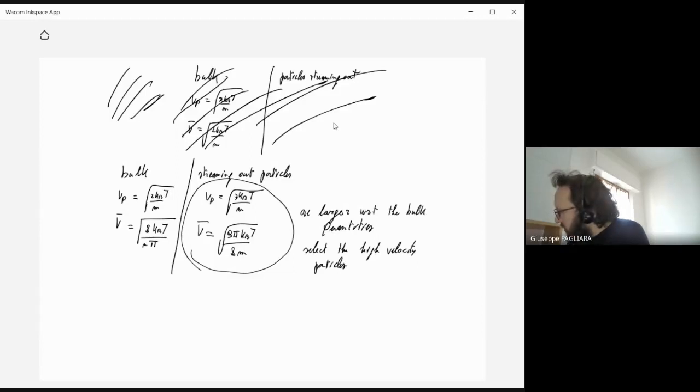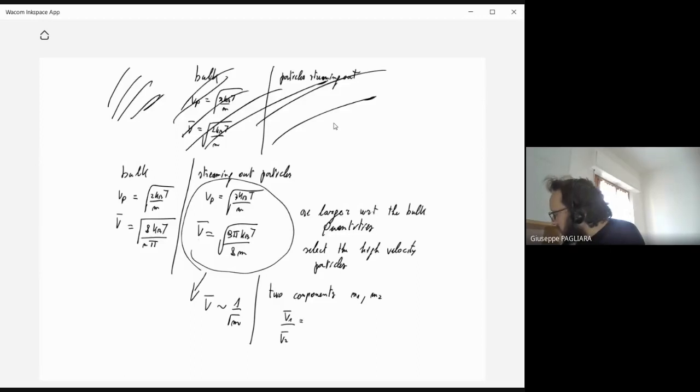Well, actually, as you see, for the average velocity squared scales as 1 over m, so the velocity goes as 1 over the square root of m. Therefore, if you have two components, one with mass m1 and the other with mass m2, the ratio between the average velocities of these two components, v1 average over v2 average, scales as the inverse of the square root of the mass, no?